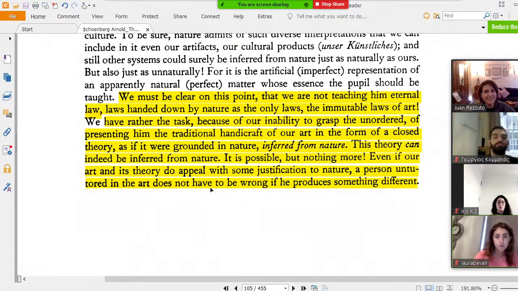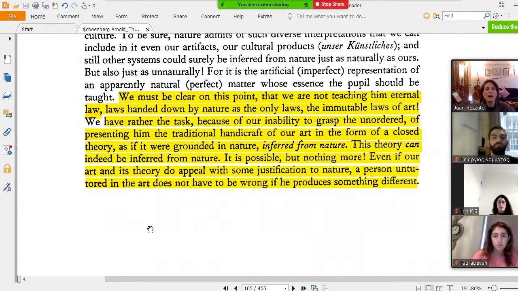This theory can indeed be inferred from nature, because of the theory of overtones, we already know. That's why they need preparation, because remember that the nature of our ears, of perception, can handle the higher overtones. That's why we need to prepare them. It is possible, but nothing more.